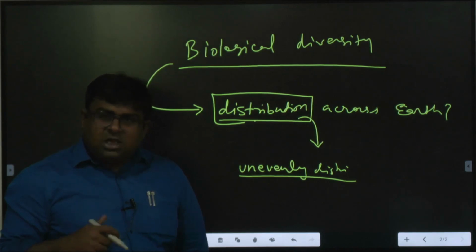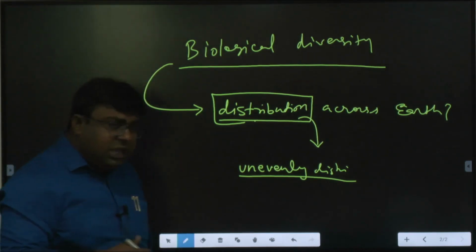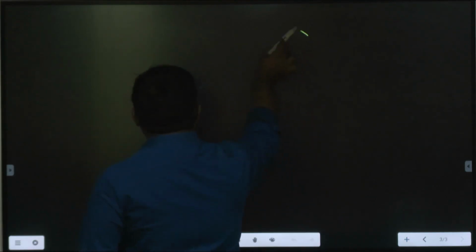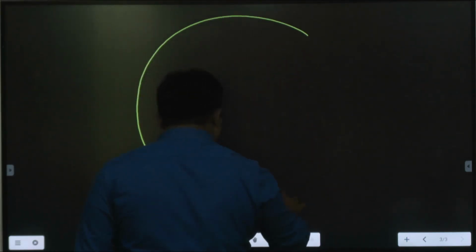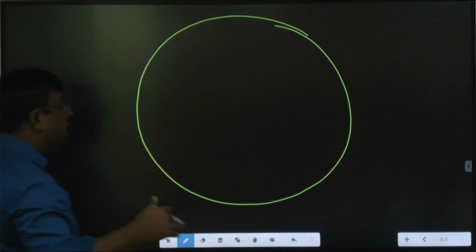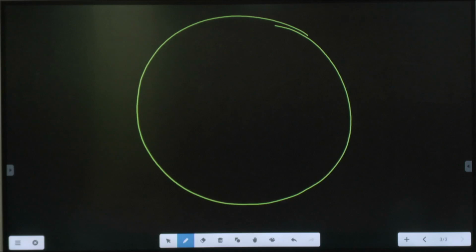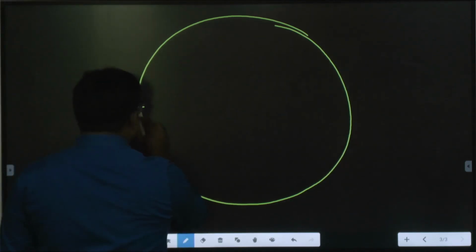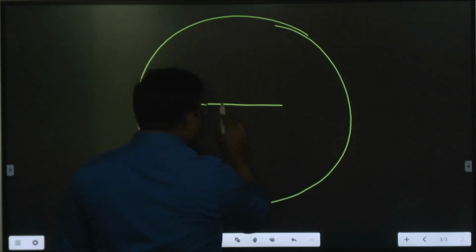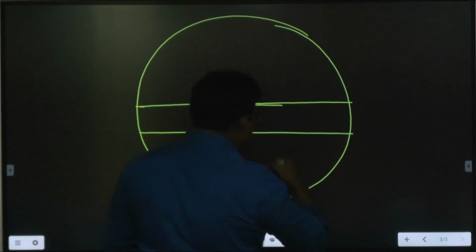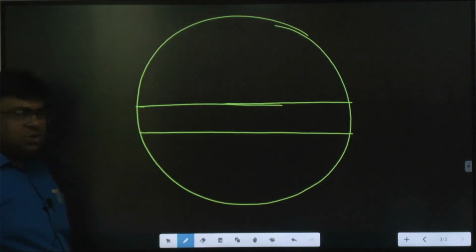Unevenly distributed. Now, how can we simplify this term uneven distribution, or how can we justify this information? In order to justify it, first of all, we need to simplify it. What does uneven distribution actually mean? Consider this circle as the entire Earth, and I am dividing this Earth into different climatic zones.